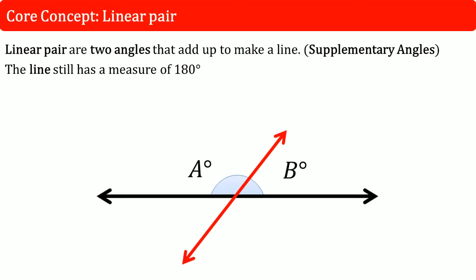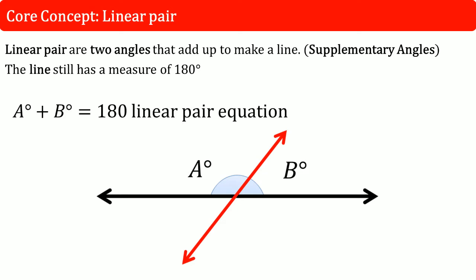The core concept: a linear pair are two angles that add up to make a line, which is also called supplementary angles. The line still measures 180 degrees. So the formula would be angle A plus angle B is equal to 180 degrees.